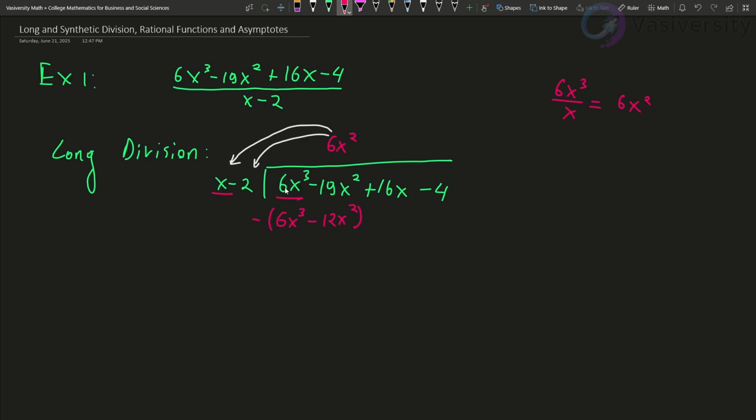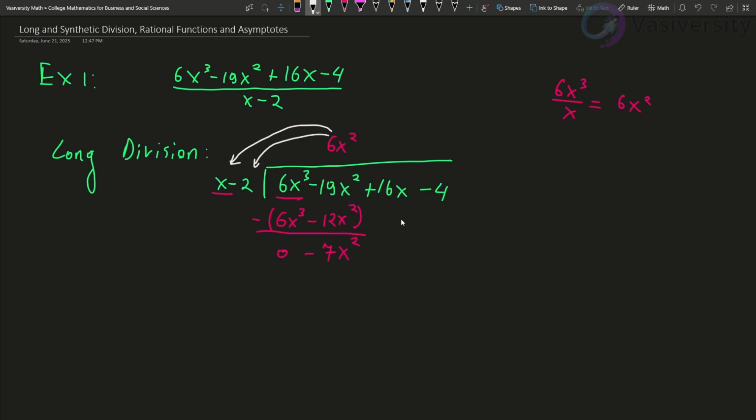So we're subtracting, by powers. 6x cubed minus 6x cubed is 0. Meanwhile, negative 19x squared minus negative 12x squared, so that's plus 12x squared, gives us minus 7x squared. Now we're done with this line.